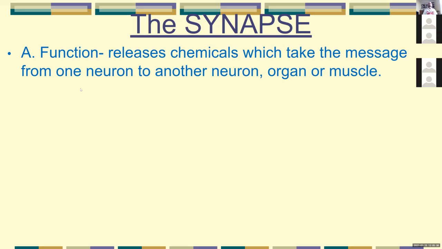Let's take some notes, and we'll talk through this process a little bit more. Please write down, and we're just continuing from where we left off last time. We're still in the same unit. The synapse. The function: it releases chemicals which take the message from one neuron to another neuron, or the message from a neuron to an organ, or from the neuron to a muscle.